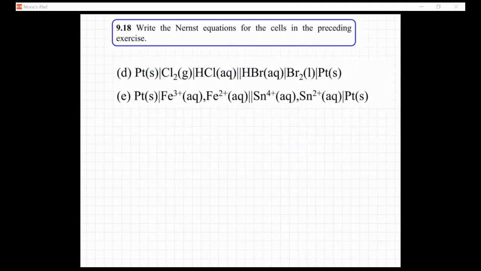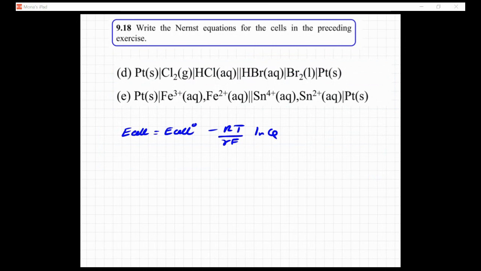What is it you will do? To write the Nernst equation, you have to first write the equation: E cell equals E cell standard minus RT over nF times ln Q. So you have to apply it for the reactions in D and E.